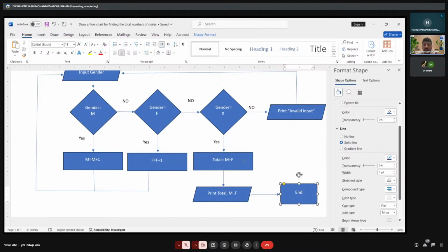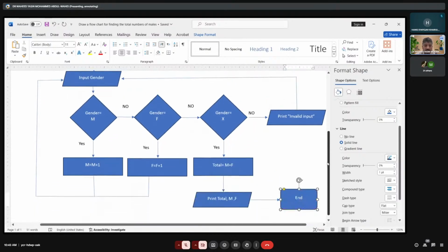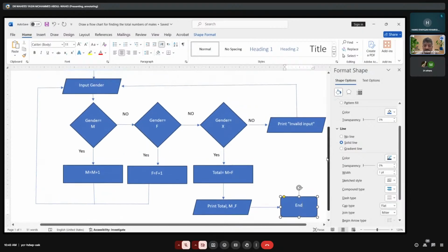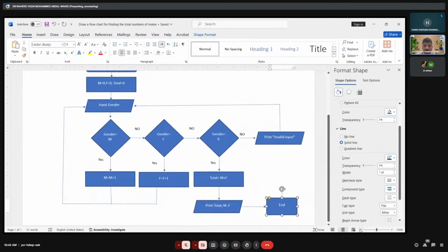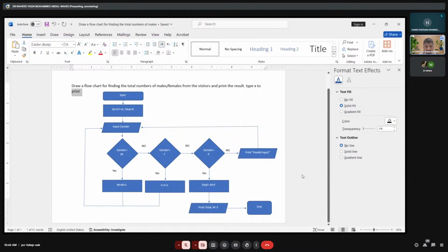Okay, so here the start. Do you agree with this algorithm flowchart? Do you agree with this flowchart? Yes, Captain.